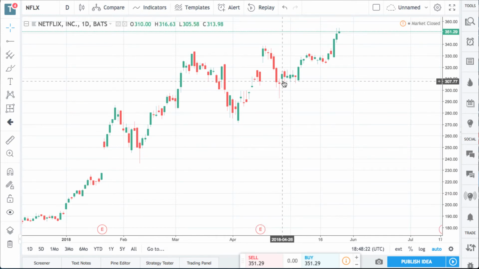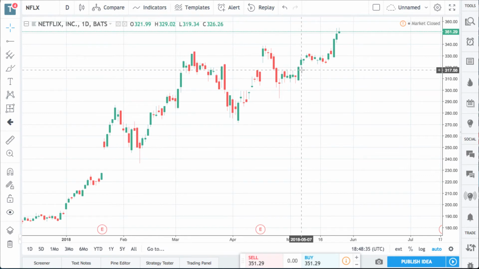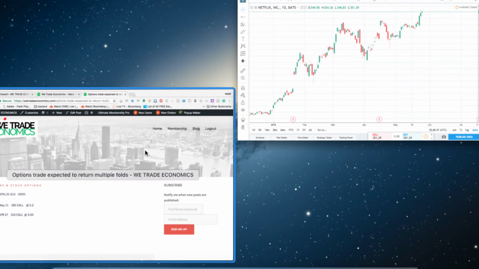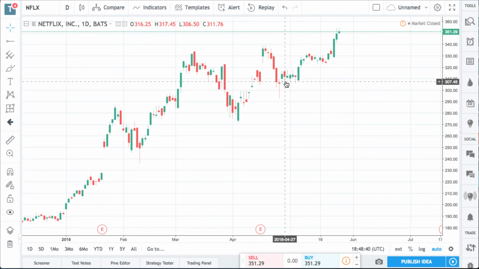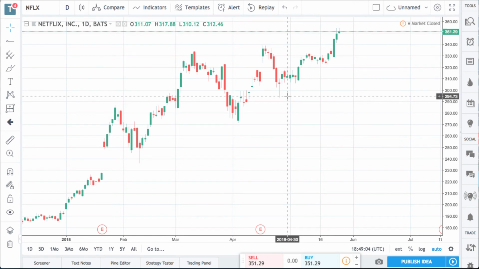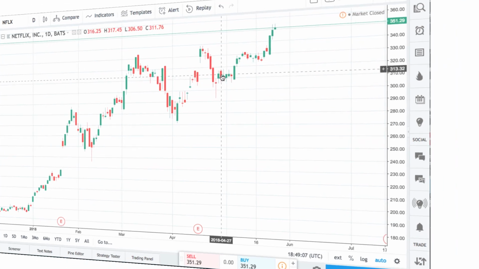I said 310 calls, and the open of the market was 310 calls with expiry on the 27th of April. That was the next day. So it went as high as 316. So 37% was roughly where I exited my trade, and that was it with Netflix.